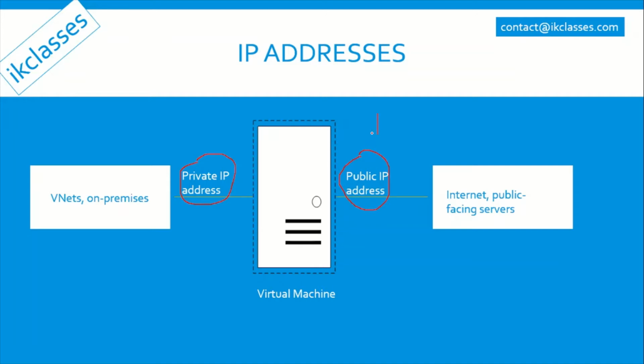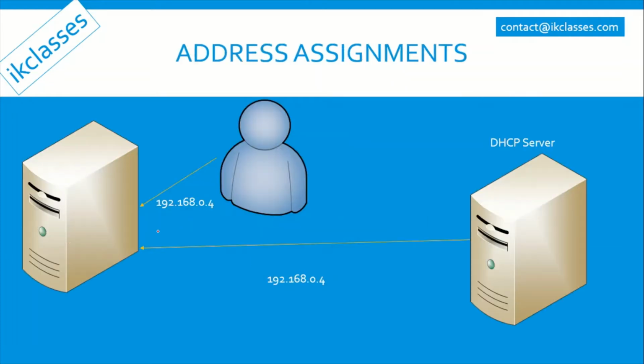Public IP addresses are used for internet-facing and public-facing servers, and we will be using private IP addresses within our VNets, and we can even use private IP addresses to connect to our on-prem network.